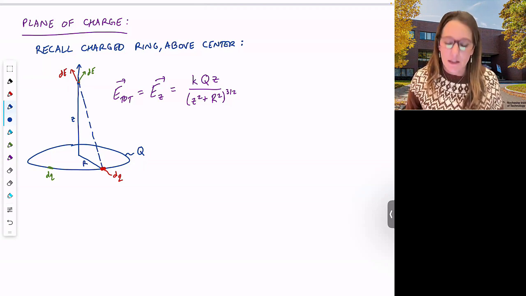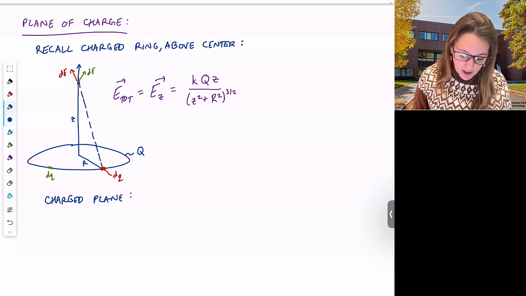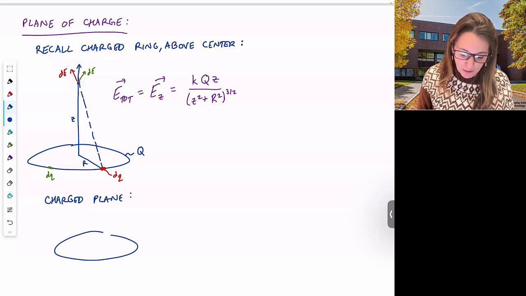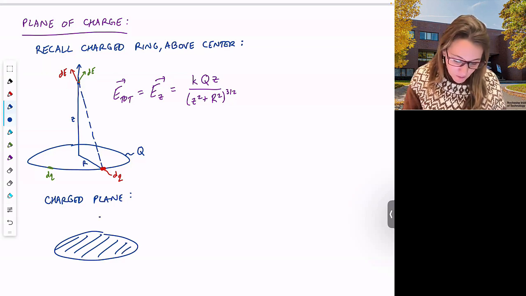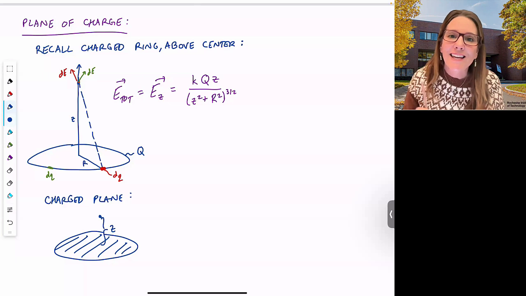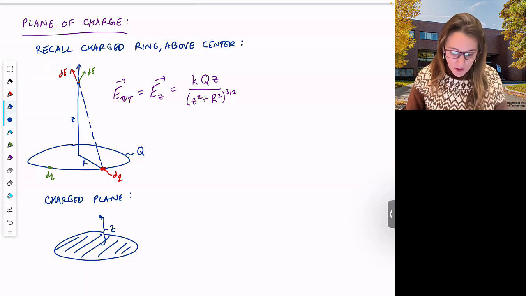The reason is that if we look at a charged plane, and we're going to picture a circular plane to start, the circular plane, if we're looking at some distance z above it, can be thought of as an infinite number of concentric rings, right?